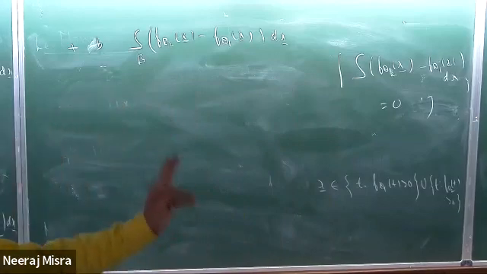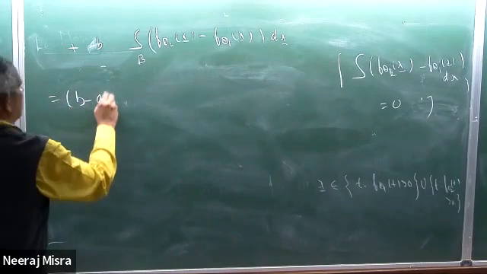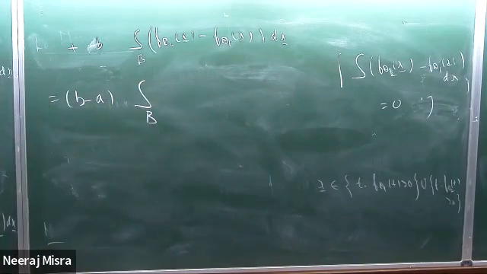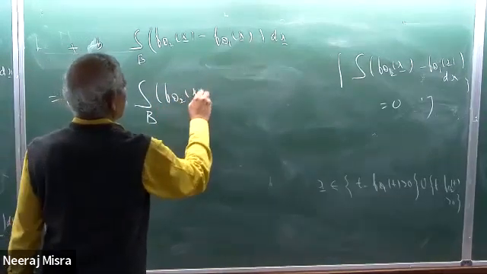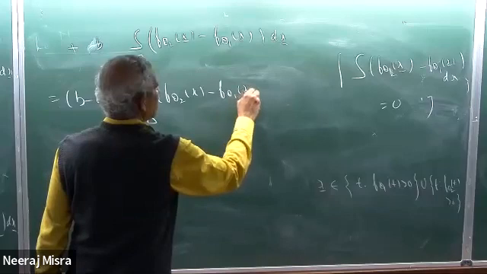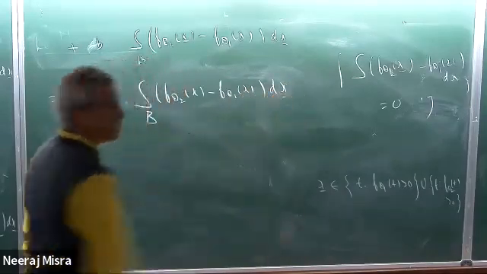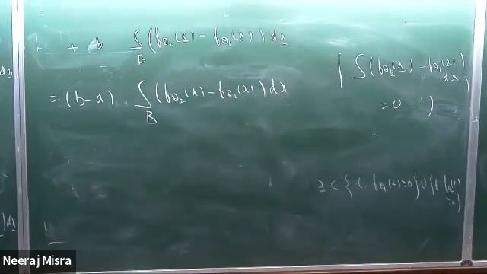That means the integral over A plus the integral over B of this quantity would be 0. Right? So what does that mean? That means the integral over A would be the same as minus the integral over B of that quantity. So this is the same as b minus a times the integral over B of f_theta2(x) minus f_theta1(x), right? Because the total integral is 0.